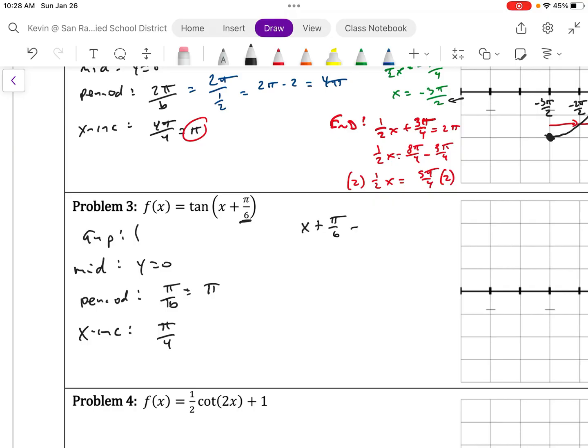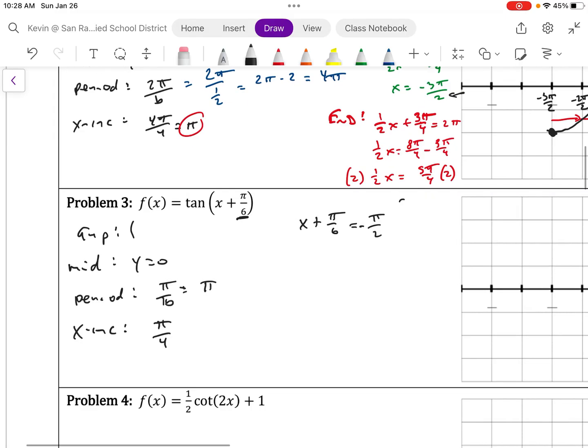All right, so for my asymptote, I'm going to go x plus pi over 6 equals pi over 2. And, oh, I'm sorry, I'm going to go negative. I think you can do one of two ways. You can either go from negative pi over 2 to pi over 2, or if you look at the key, I think the key has going from pi over 2 to 3 pi over 2.